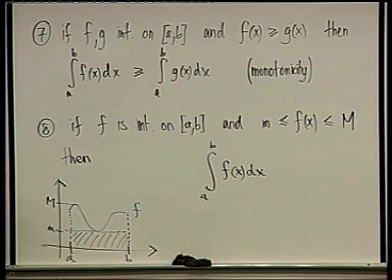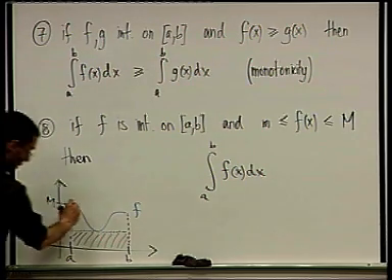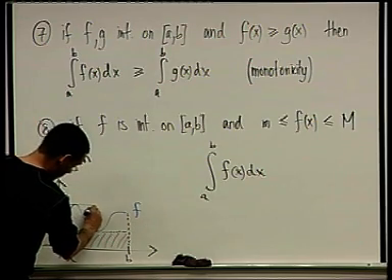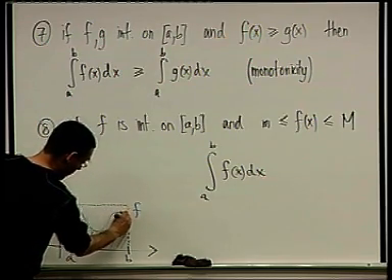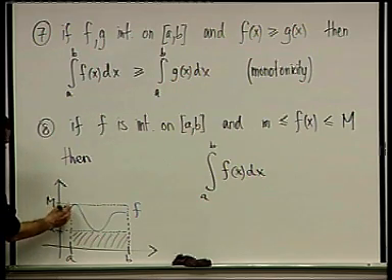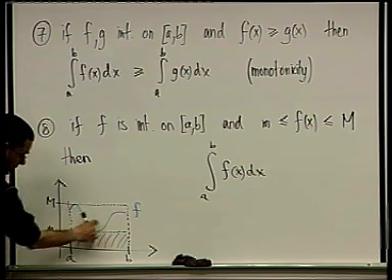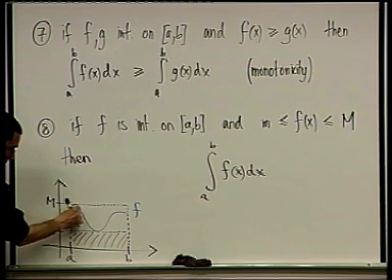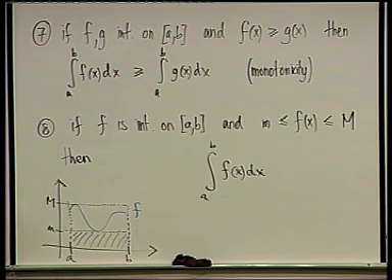Do you agree? And less than or equal to the area under big M, because the area under big M also counts this area and this little area, which are not under the graph. Do you agree? That's the statement.